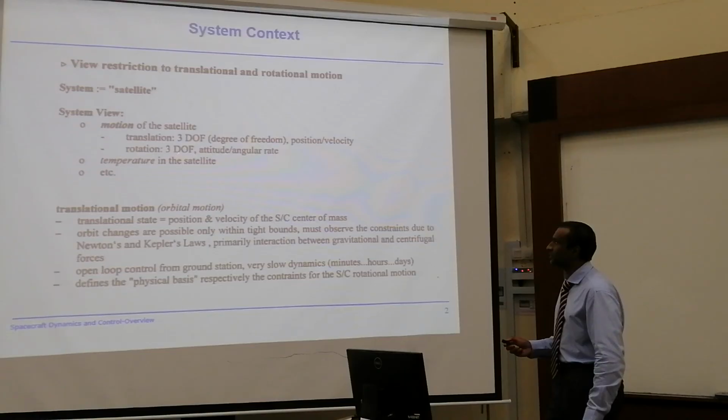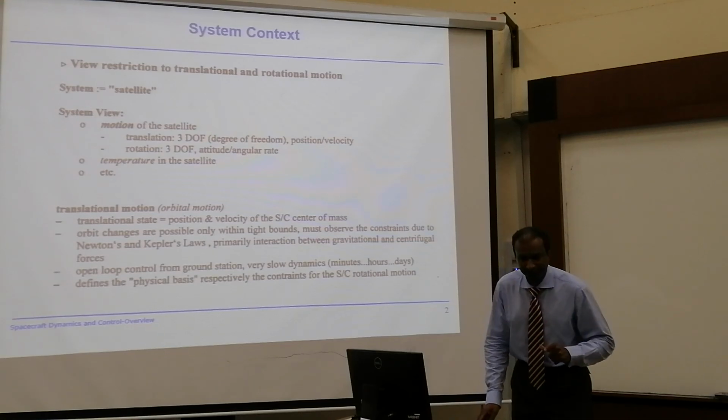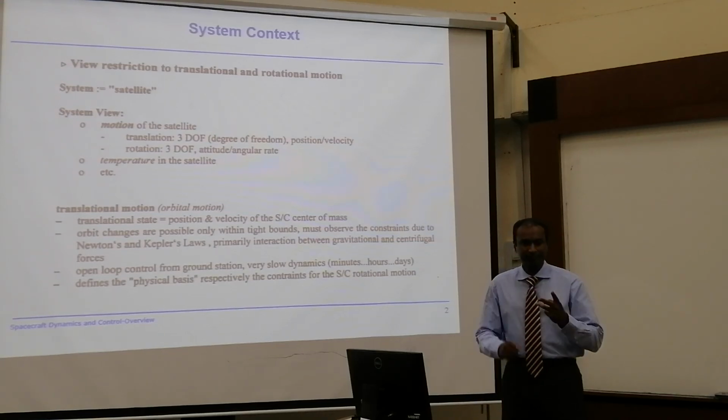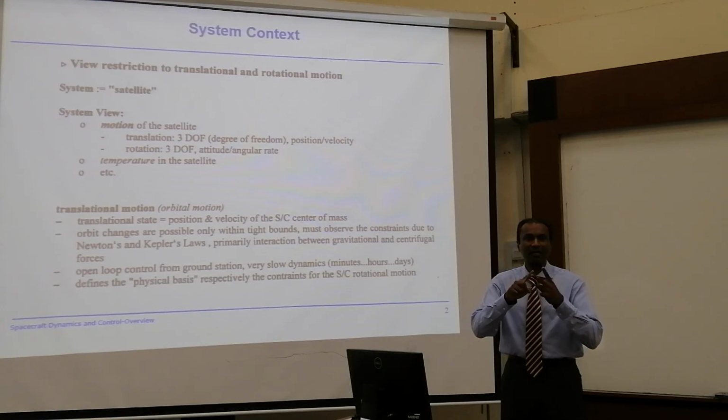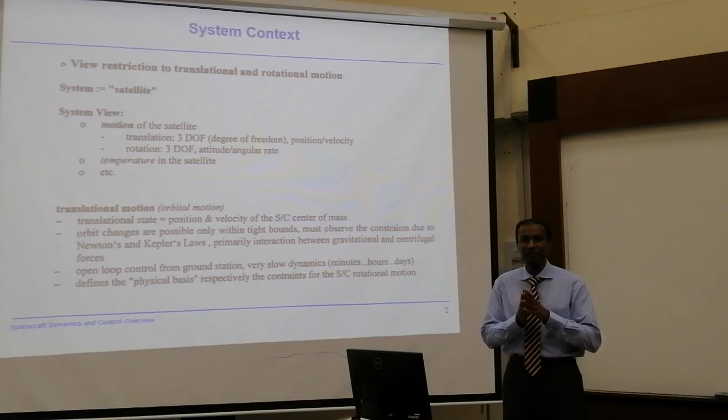Translation motion is basically 3 degrees of freedom. You have position and velocity. That means 3 degrees of freedom, right? You have R1, R2, R3 for position, and velocity X, velocity Y, velocity Z. Done. That is translation motion. That's all what you have learned in space mechanics.